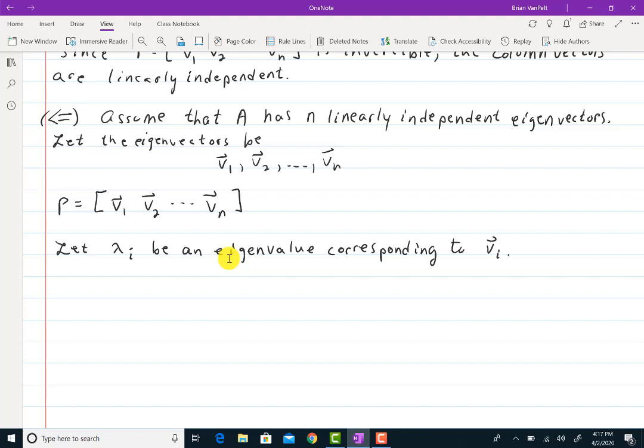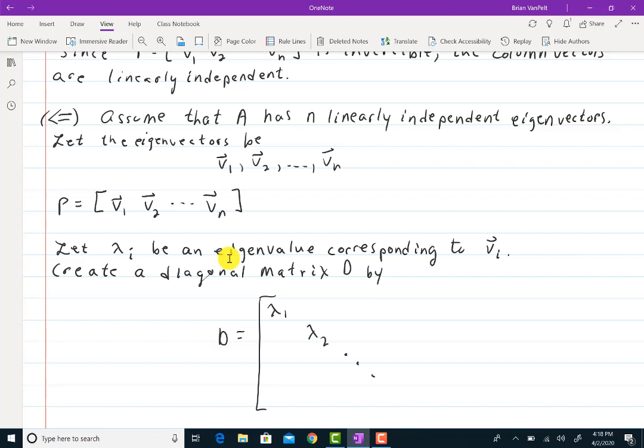So then create a diagonal matrix D. All I'm going to do is take my eigenvalues in order. Lambda 1 is associated with V1, lambda 2 is associated with V2, etc. Lambda n is associated with Vn, and I'll put zeros everywhere else.